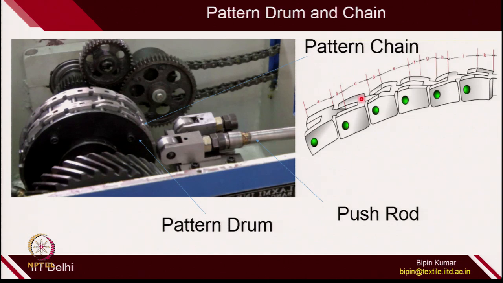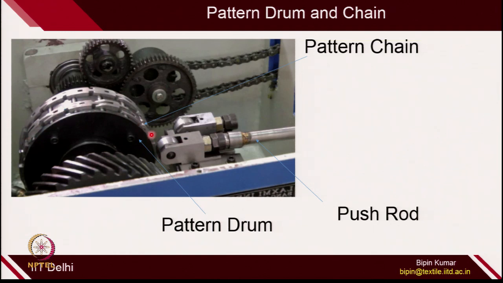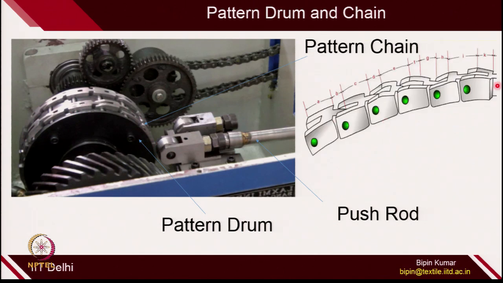So, this is what a pattern chain looks like, which is wrapped around a circular periphery, and I have this arrangement of chains with me, and you can see how these are connected and then put on the pattern drum. Let me show you some of the chain links.